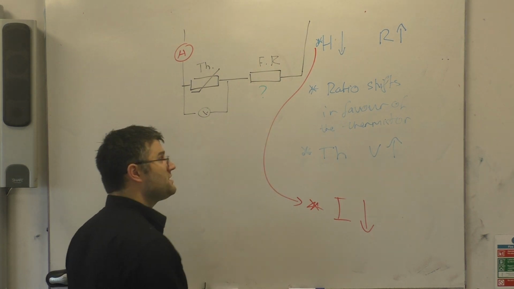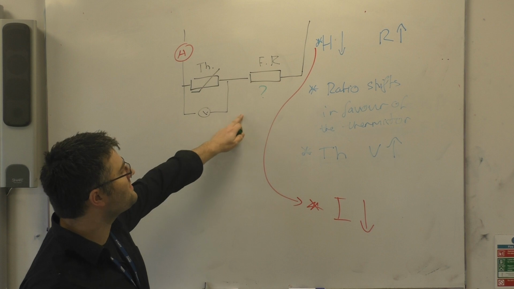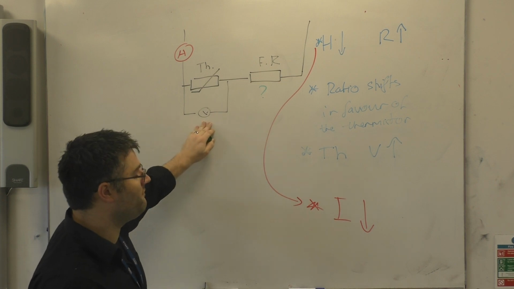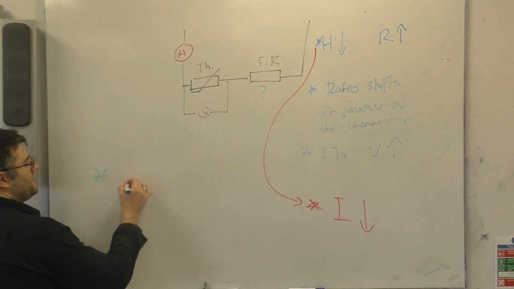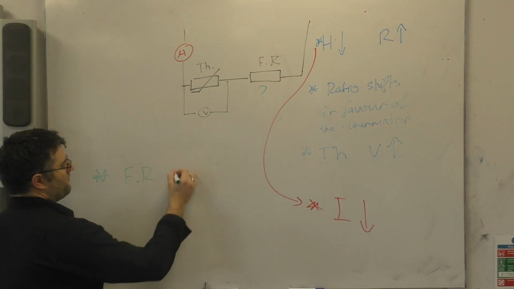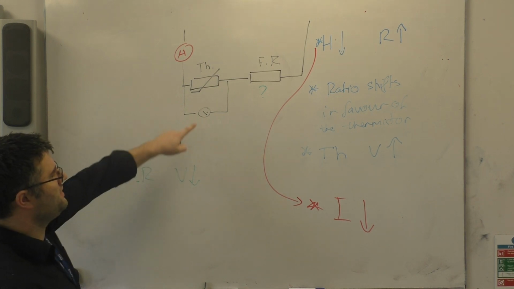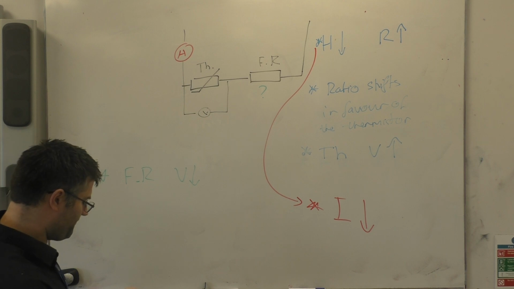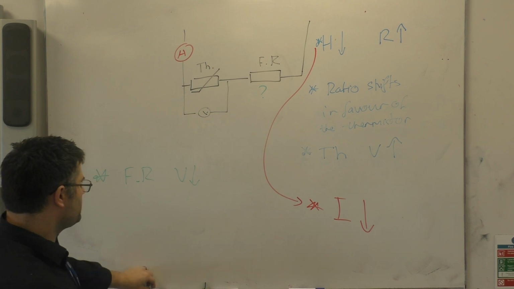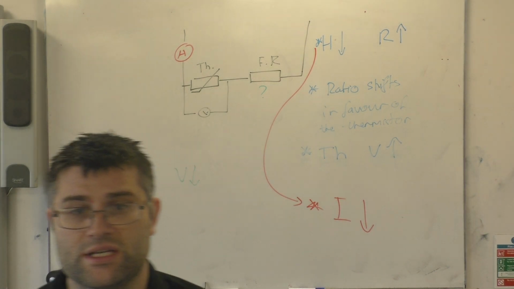Finally, the side issue. We don't know what the voltage is across the fixed resistor, but we can say that if the voltage across the thermistor has increased, we would expect the voltage across the fixed resistor to drop. It's all to do with the relative sizes of the resistances to each other.